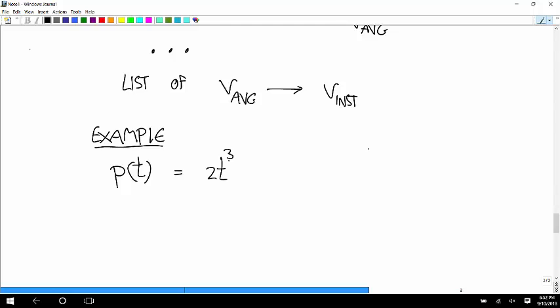So let's say time equals 4 seconds. You plug 4 in for t. 4 cubed is 64, and then 2 times 64 is 128. So this says at time equals 4 seconds, the position is 128 meters. That's how a position function works.